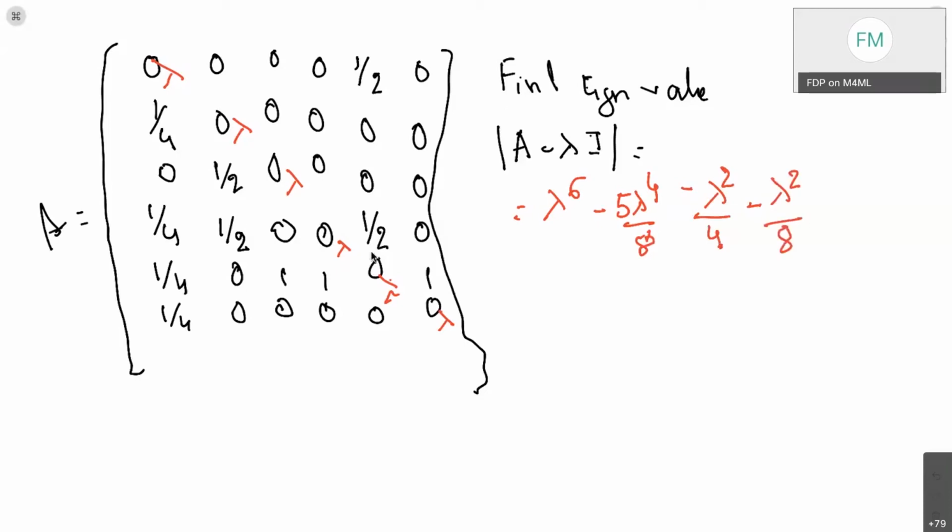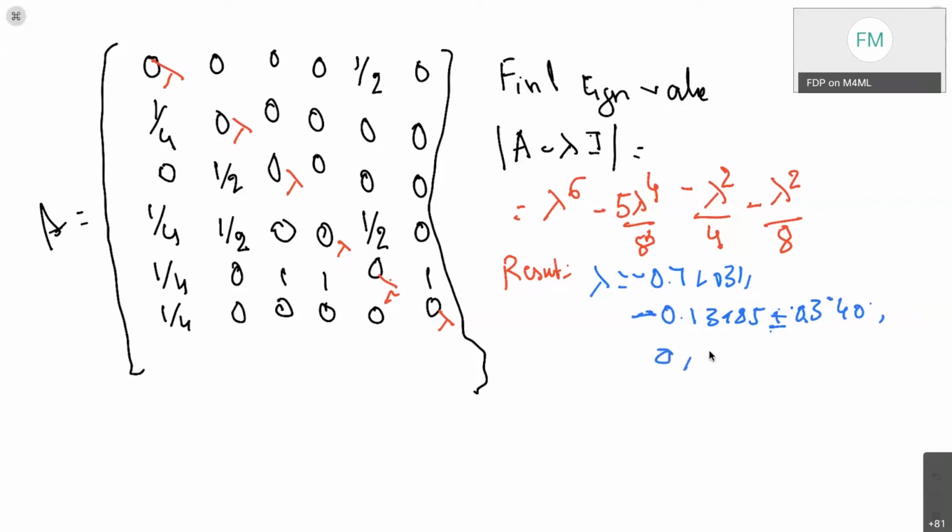Upon solving this, the lambda values will be minus 0.72031, minus 0.13985 plus or minus 0.39401, and one more 0, comma 1.